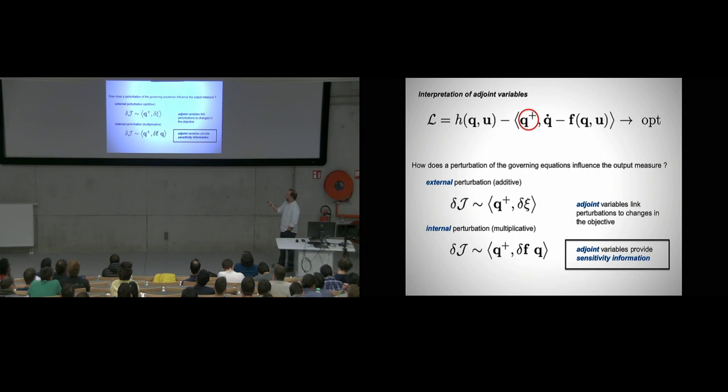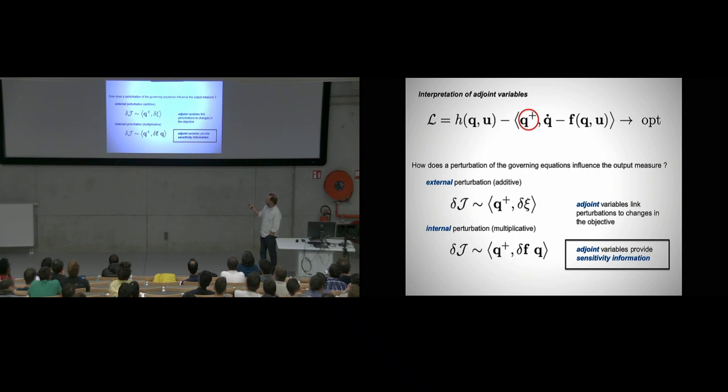This is the piece I add, and this is how it impacts my drag, for example. Okay? And you see that the proportionality between what I perturb it with and what the result is Q plus. So it acts as the proportionality between input and output. So the higher Q plus, the more I will mess up my drag.